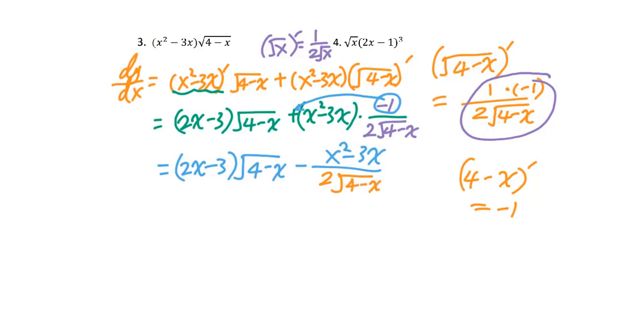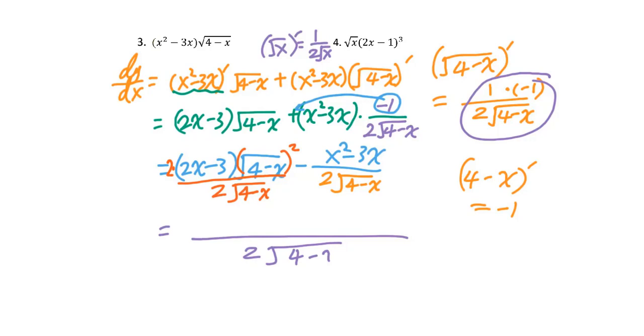Let's make the same denominator. So you get 2 square root of 4 minus x times 2. Let me see, I put the 2 over here, and then this one squared. So that you will get 2 square root of 4 minus x.